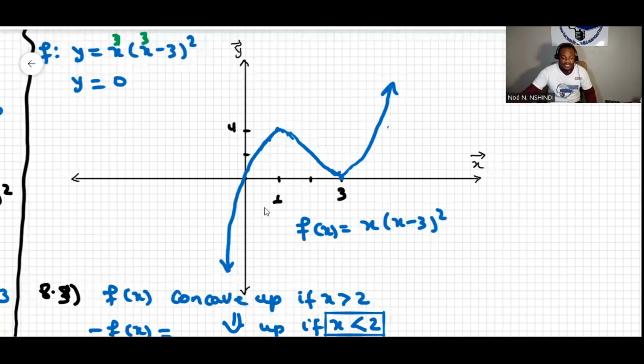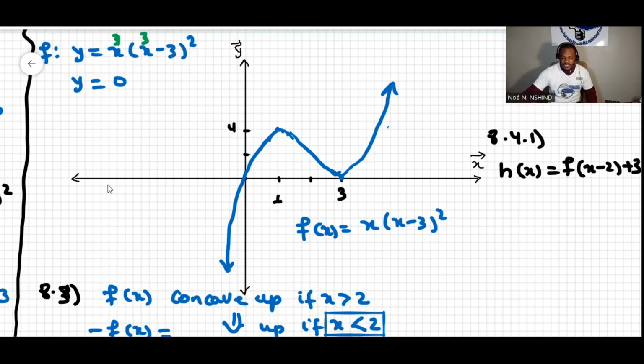Now initially the function was like this, f of x, with the local maximum at 1. Shifted 2 units to the right, the local maximum will be at 3, and then 3 units up, because there it was 4, you add 3 again. Let me write it here so we can visualize it well. 8.4.1, h of x is given by f of x minus 2 plus 3.